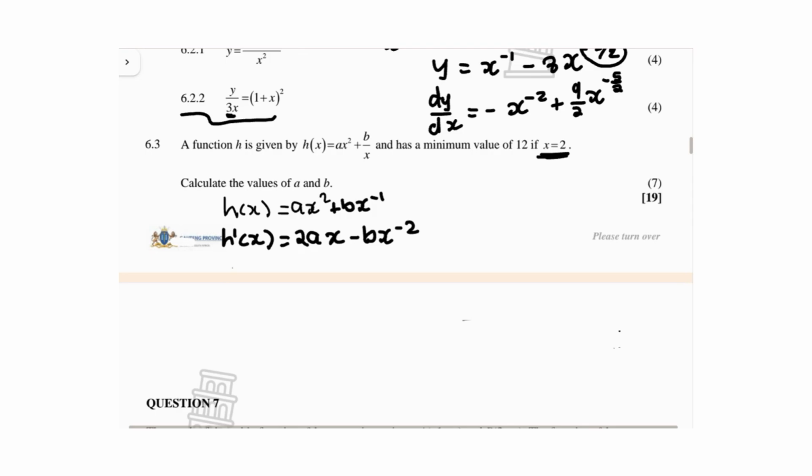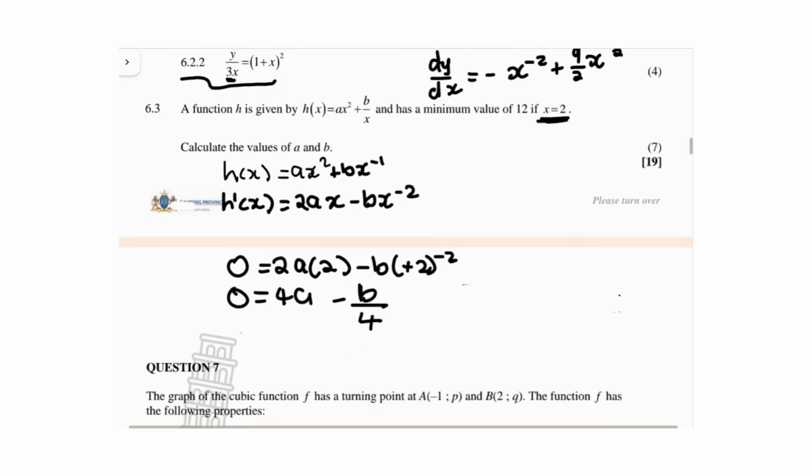So here, when the gradient is 0, our x value is going to be 2. So 0 equals 4a minus, okay, that is supposed to be positive 2 minus b over 4. So 0 is going to be 16a minus b, therefore b equals 16a.